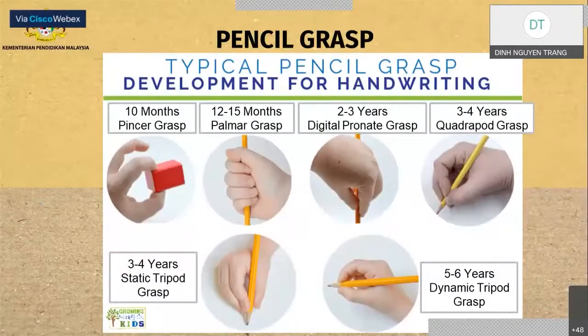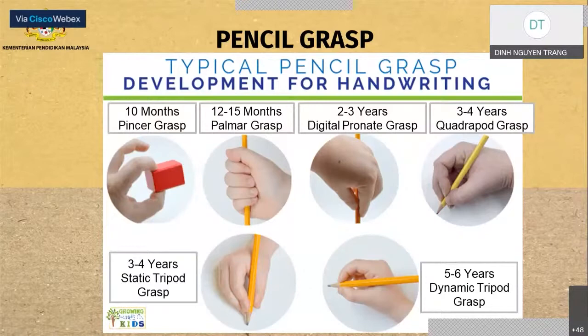Oops, sorry. Okay, can you hear me? Yes, we can hear you, but cannot see your screen. Now it's okay. Can you see the slide now? Yes, we can see the slide.